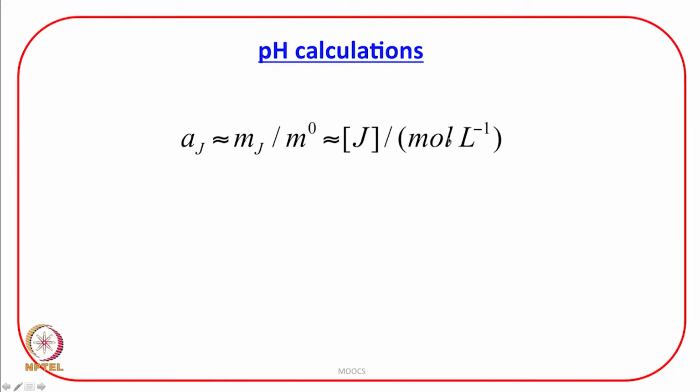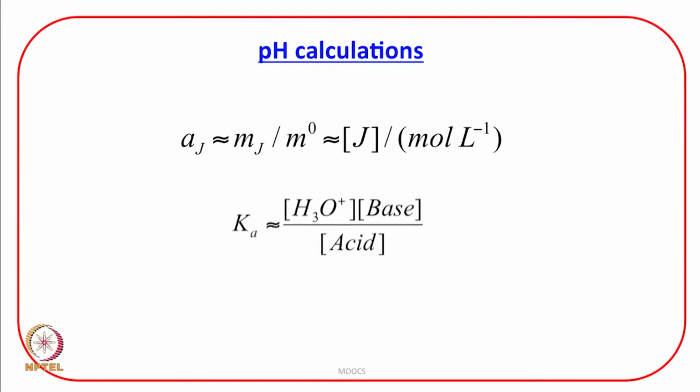Mole per liter is molarity. And in that case, the acidity constant can be written in the form of concentrations, since for very dilute solutions, we assume the activity coefficient to be 1.